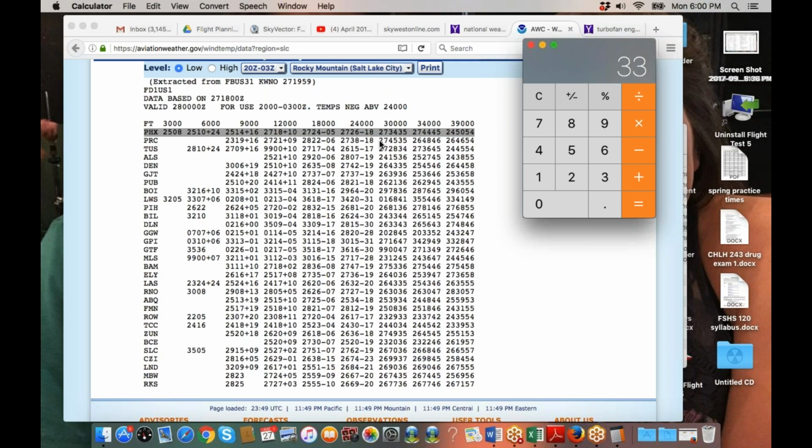So are we at ISA plus or minus 15? Plus 15. So we could just find the difference here of 15 degrees, and then we'd be adding 15 to that negative 33 to get up to a nice balmy negative 18.